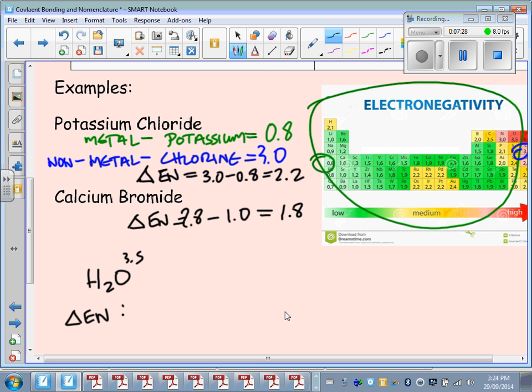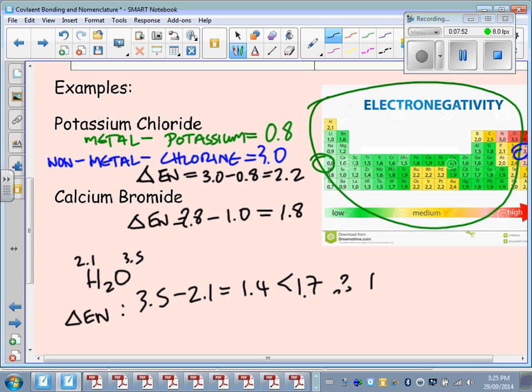Now some students get confused because there are 2 hydrogens, but you don't have to use the fact that there are 2 hydrogens in any way. You just take the raw electronegativity value. So 3.5 minus 2.1 is 1.4, less than the required 1.7.